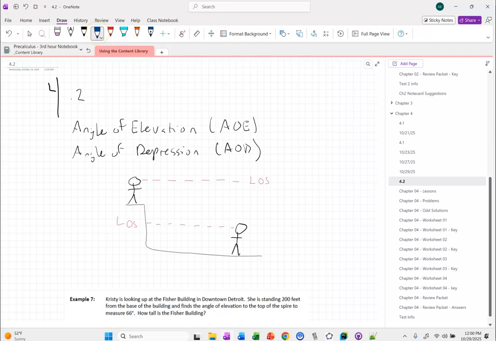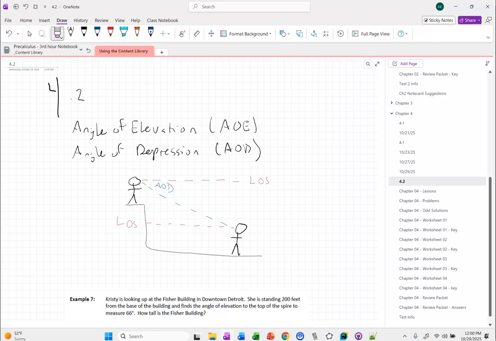If the person up high tilts their head down to look at the person below them, this angle here is called an angle of depression because they've taken their line of sight and they tilted their head down. Everybody feel okay there?